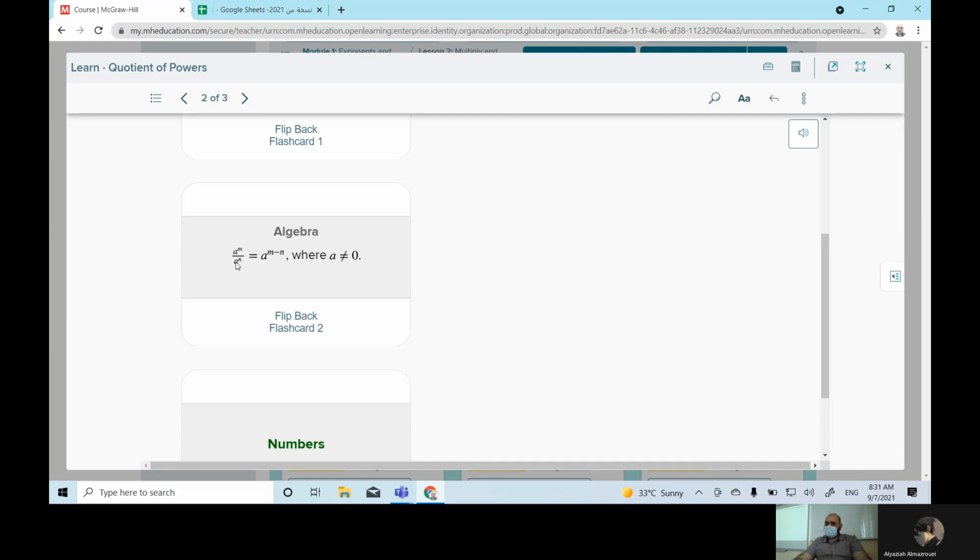As you see here, we have the same base, here a and here a. So the rule says a exponent m minus n, where a is not equal to 0. Write this algebraic rule.